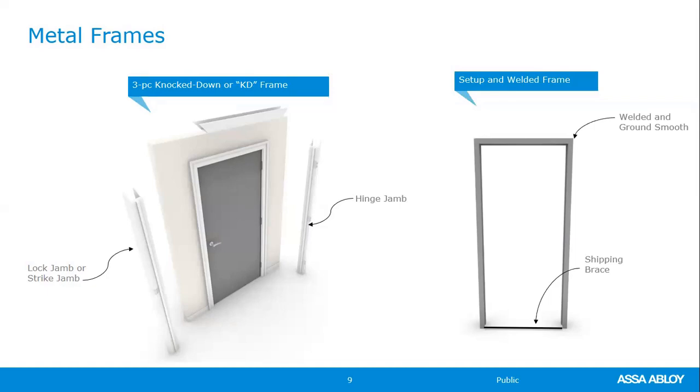And as you look at that three-piece KD detail there to the left, you'll see on the strike jam, it talks about strike jam or lock jam. So this will be your first intro to different nomenclature for the same item. So a strike or lock jam, also on that jam, the strike prep. Sometimes you'll hear it referred to as ASA, ANSI, 4 7/8, universal.